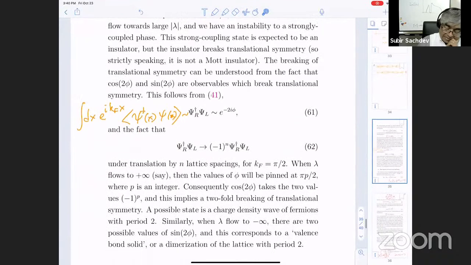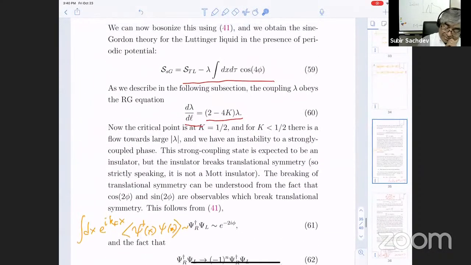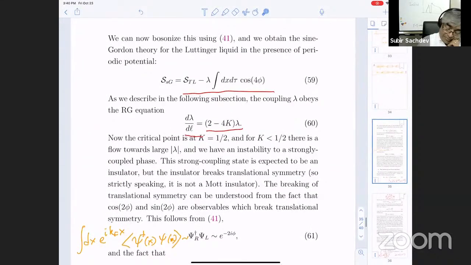And it has these kink excitations with charge 1/2. And for k greater than 1/2, lambda goes to 0 and you're back to a Luttinger liquid.